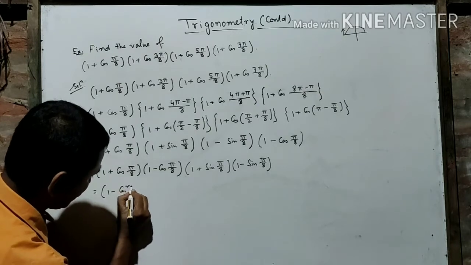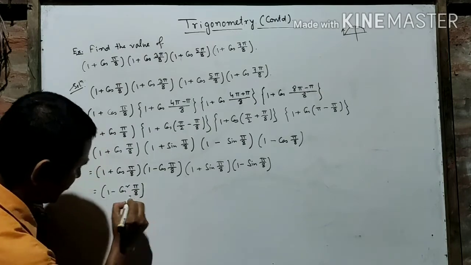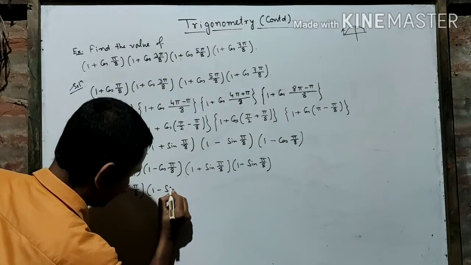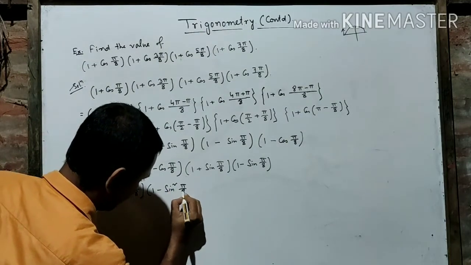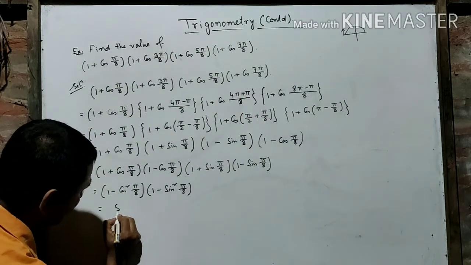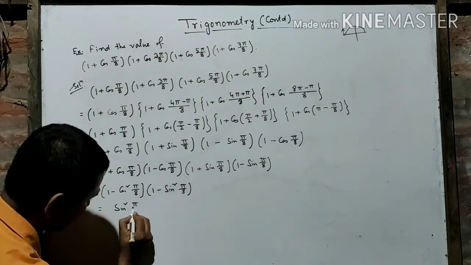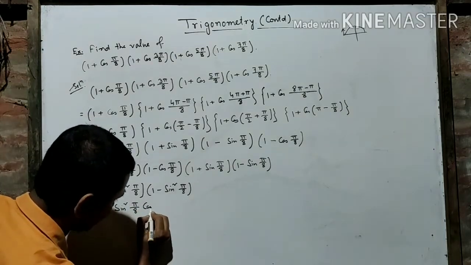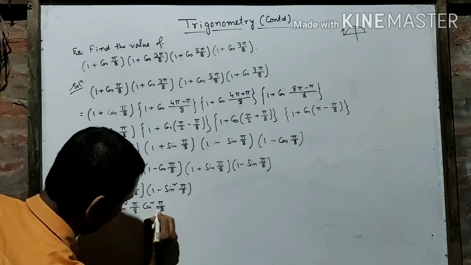So 1 minus cos square pi by 8, and again 1 minus sin square pi by 8. What is 1 minus cos square theta? It is sin square theta. So this is sin square pi by 8, and 1 minus sin square is cos square theta.